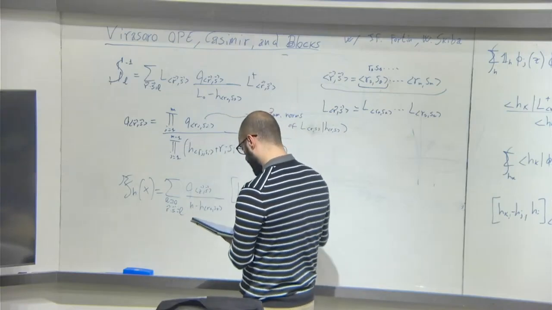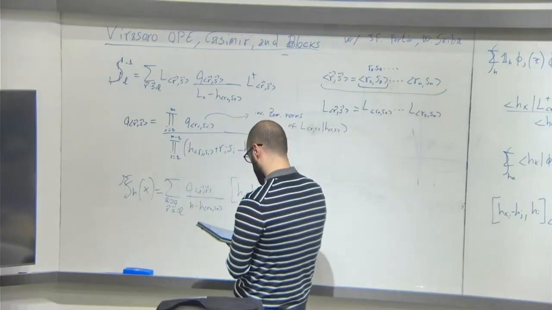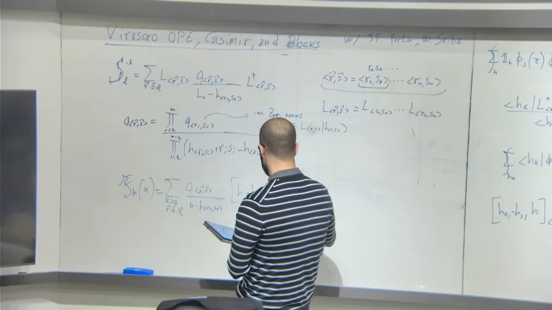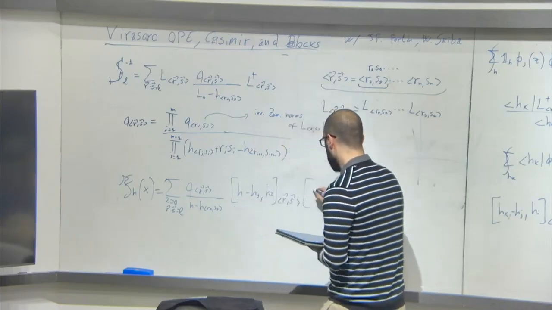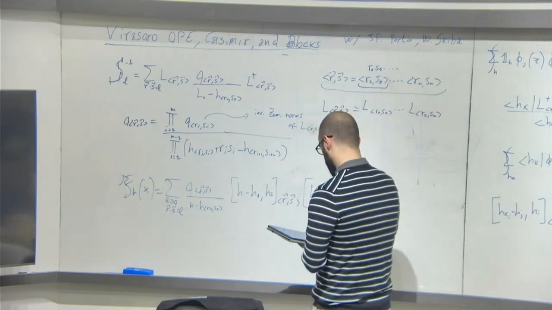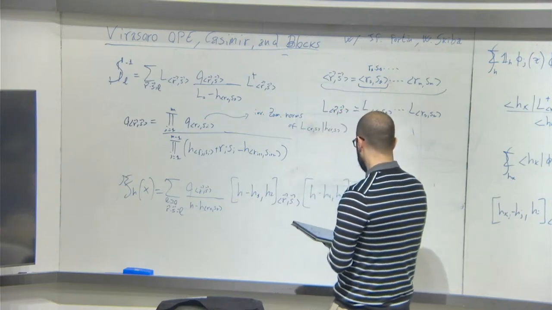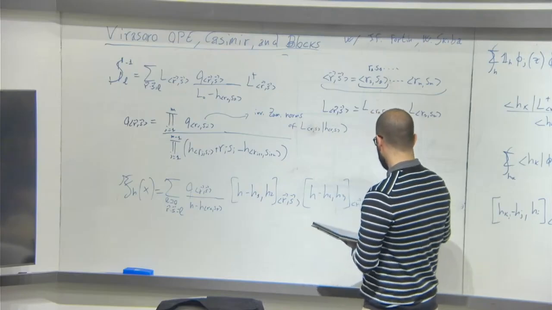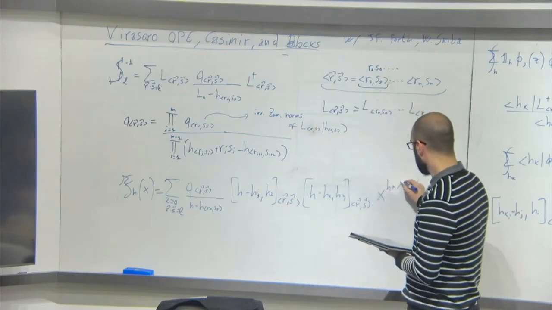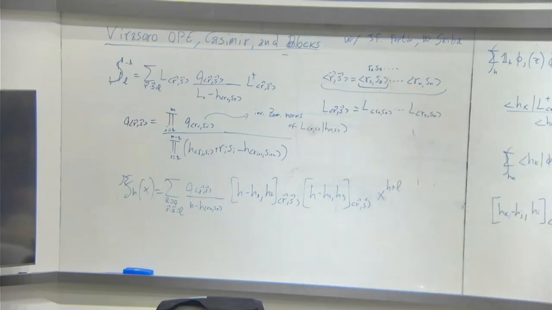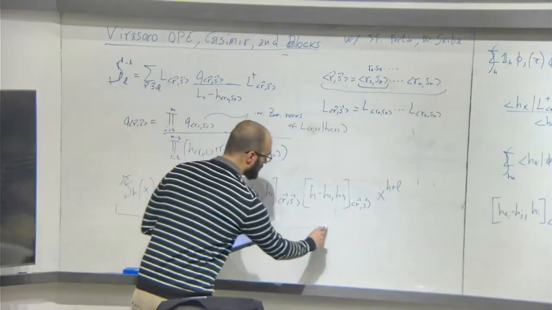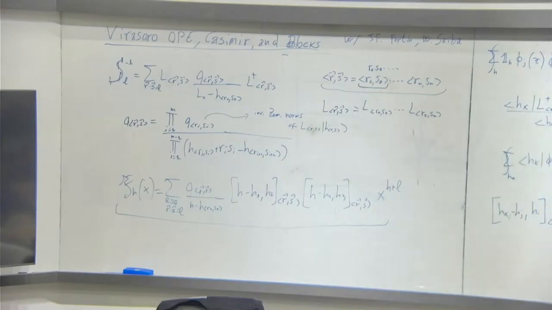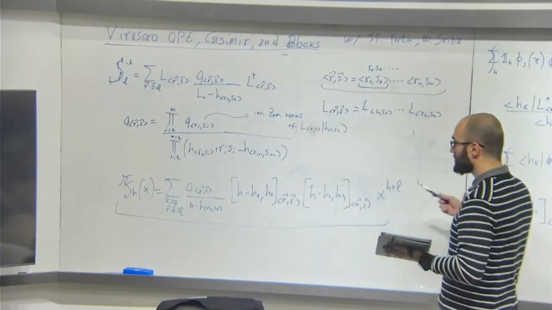And now we just have two copies of those square bracket objects, RS, h minus h4, h3, RS, times cross ratio to the h plus level. Now, this is to say, from these computations, we could get a very elegant formula for the Virasoro 4-point conformal blocks, and let me just state some properties of it.